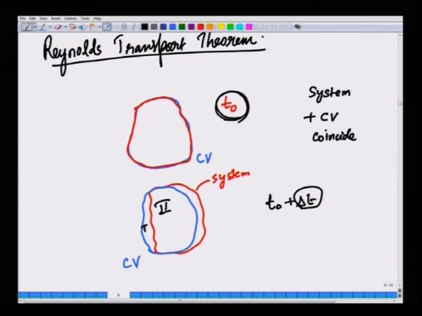There will be a region 1 where the system has left the CV, and there will be a region 3 which the system has created afresh because of its motion. So, there will be 3 volumes one can identify in this composite picture, and we will try to simplify our time derivative of all quantities in terms of this particular picture that we have.